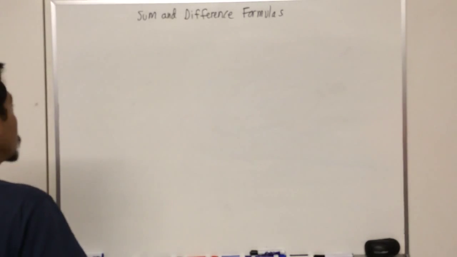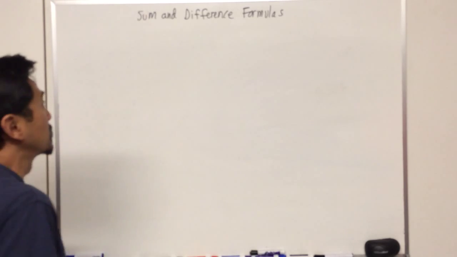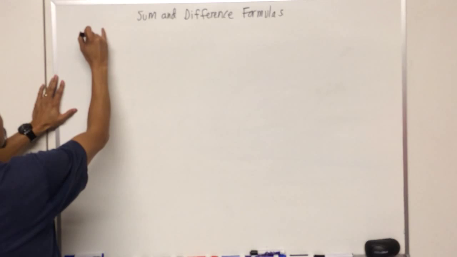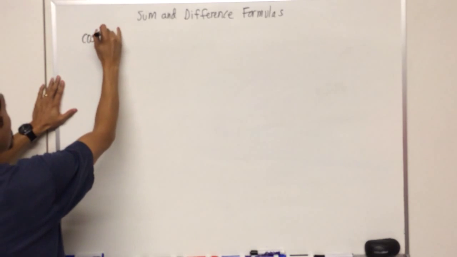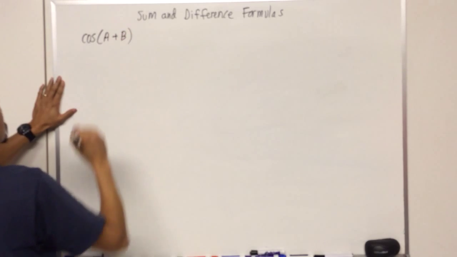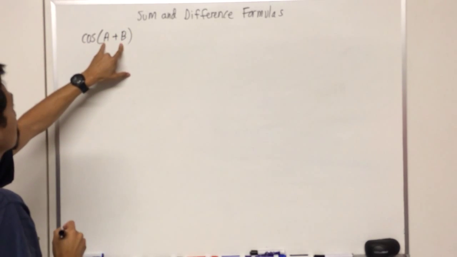Okay, so let's review the sum and difference formulas for sine, cosine, and tangent. So I've got the cosine of two angles that are being added inside.